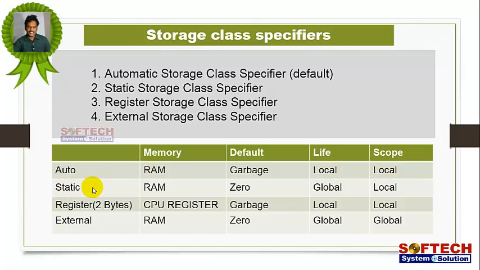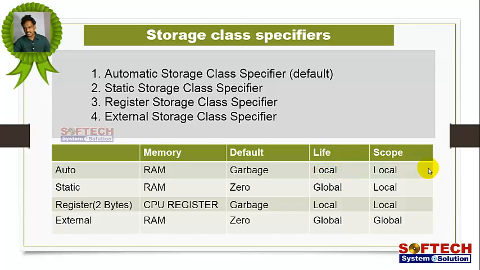If we declare a variable with the static storage class specifier, the memory is RAM. The default value is 0. If we assign a value, that value is assigned to that variable. After declaration, before assigning, the default value is 0. Life is global. If we declare a static variable in a function, when we first call the function, it creates memory.